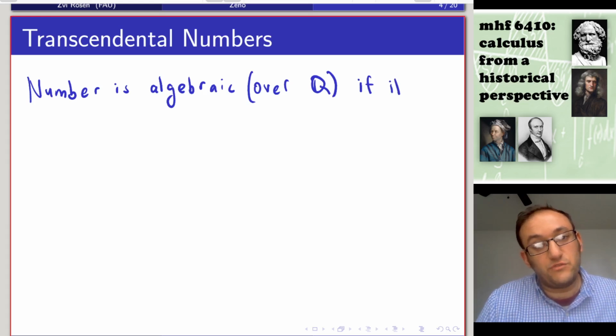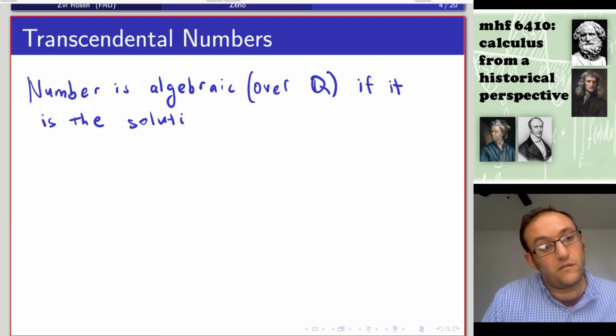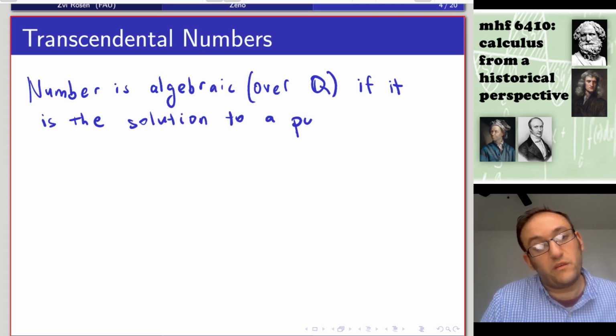A number is algebraic if it is the solution to a polynomial equation with integer coefficients.